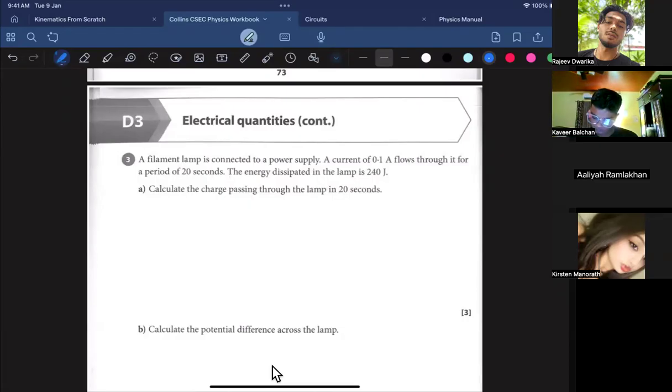The energy dissipated in the lamp is 240 joules. Part E. Calculate the charge passing through the lamp in 20 seconds.